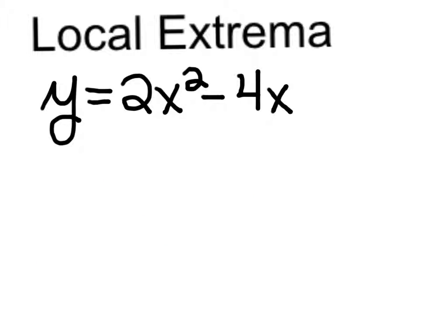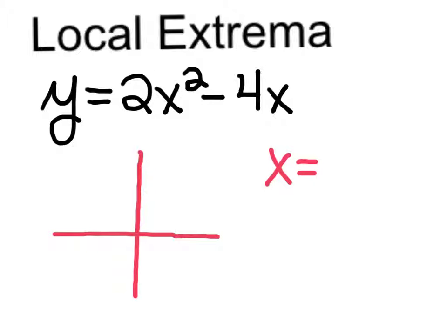So local extrema is about local maximums and minimums, but in the world of parabolas, what it's all about is the vertex. And most of these types of questions will be on the calculator portion of the test, but you will have to be able to find the vertex of a parabola, and you do that by going x equals negative b over 2 times a.